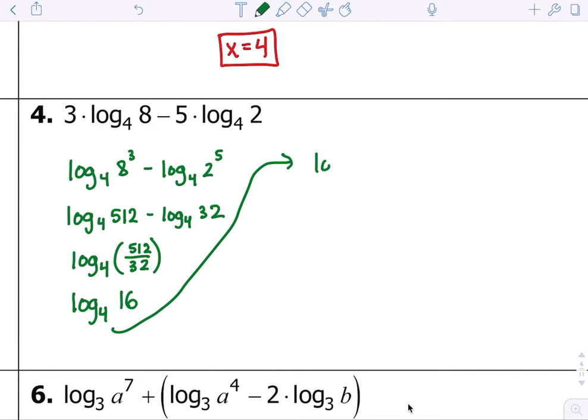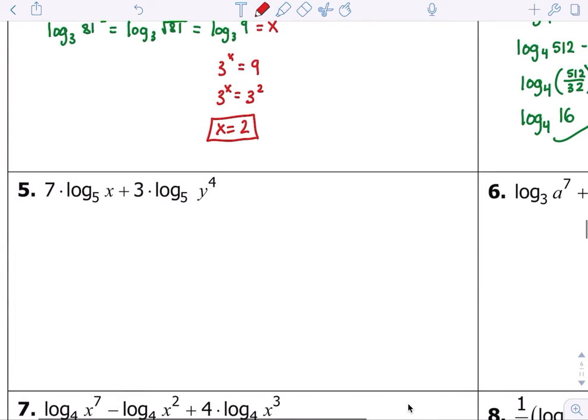And I'm noticing that the 4 and 16 have a common base of 4, so I'm going to set this equal to x. 4 to the x is equal to 16. 4 to the x is equal to 4 to the second. x is equal to 2.